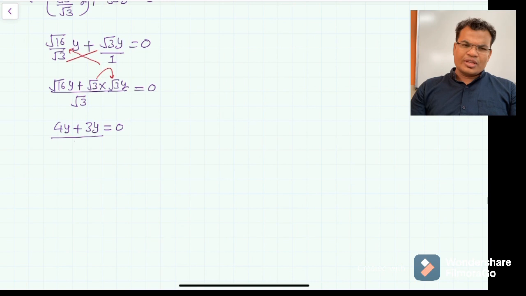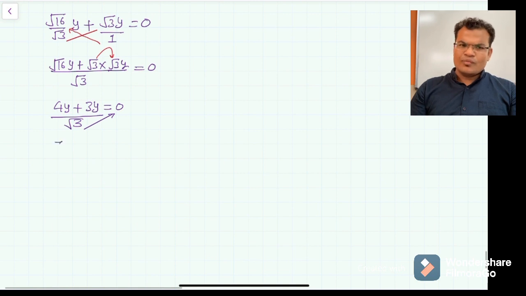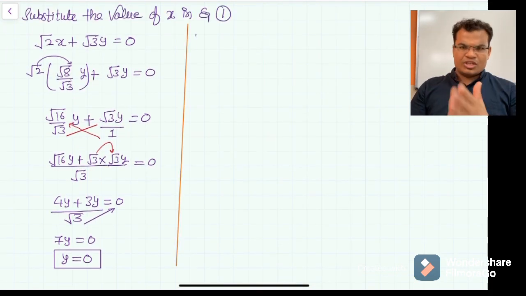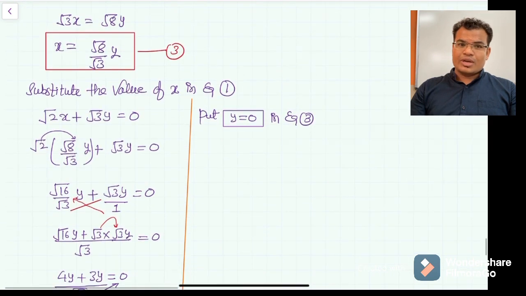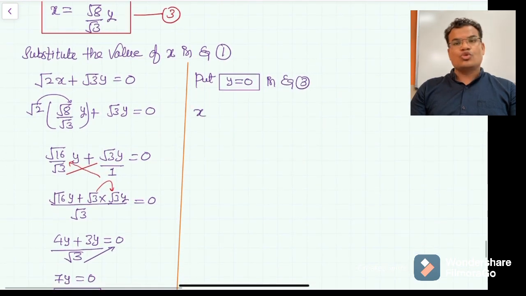So we know that root 3 will go in the multiplication with the 0, so it will become 0 into root 3 is 0, and 4y plus 3y will become 7y equals to 0, y equals to 0, as 0 upon 7 is 0. So y is 0, you have to find the value of x. So put this y equal to 0 in equation number 3. What is equation number 3? X equal to under root 8 by root 3 into y.